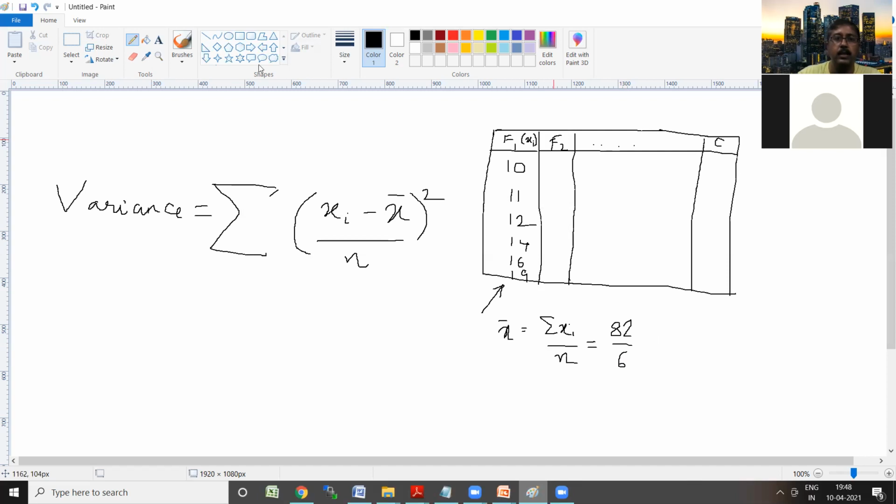So I'm just calculating the value of the dispersion. I have x bar here as 82 by 6. Let me just round it up to 7. So let's make this 14, and this whole thing will come as 84 by 6.